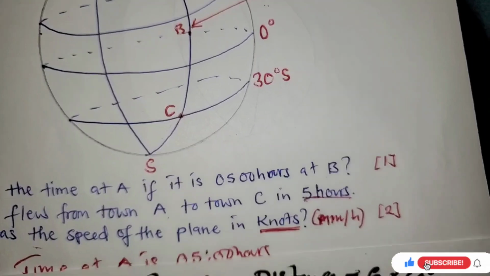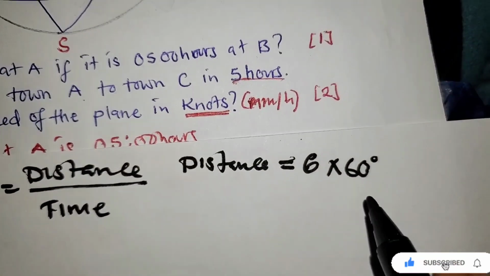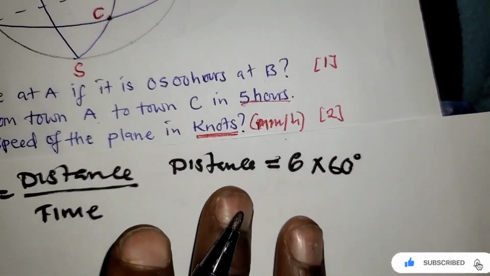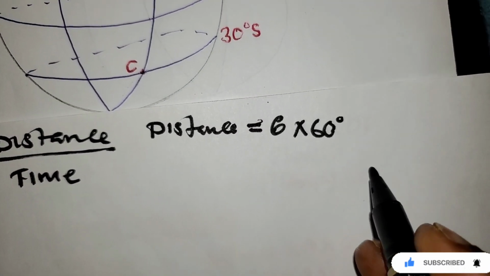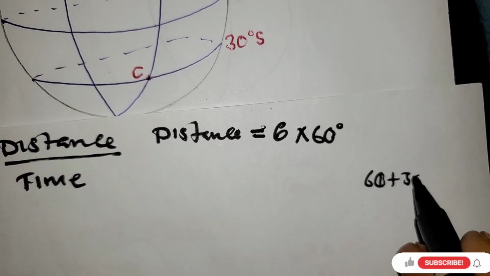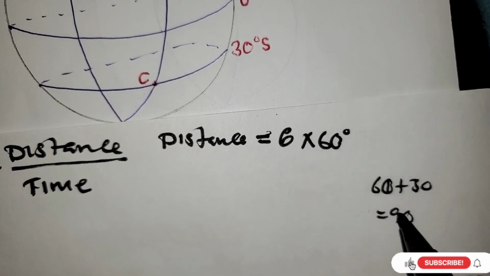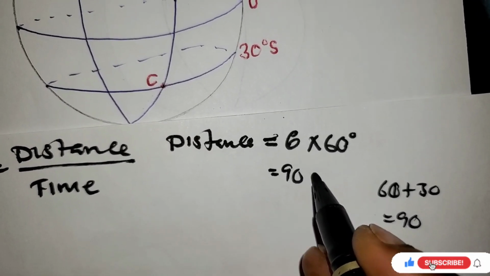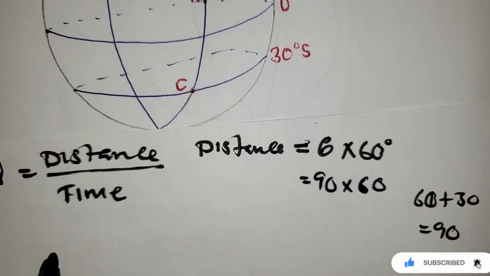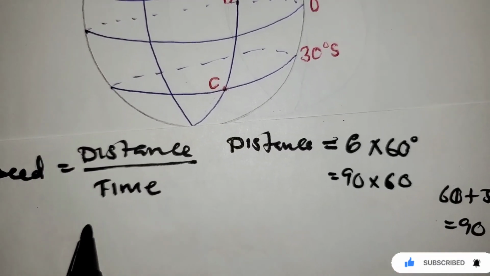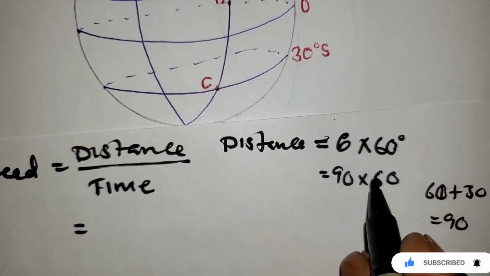Since they're on different hemispheres, we add. You can say 60 plus 30, which is 90 degrees. So you can substitute here with 90 degrees. So it's 90 times 60. Here, distance is equals to 90 times 60.